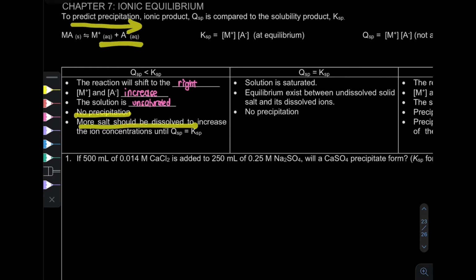More salt should be dissolved to increase the ion concentration. That is why we increase the salt, so that our Q becomes high, and K becomes the same as Q.